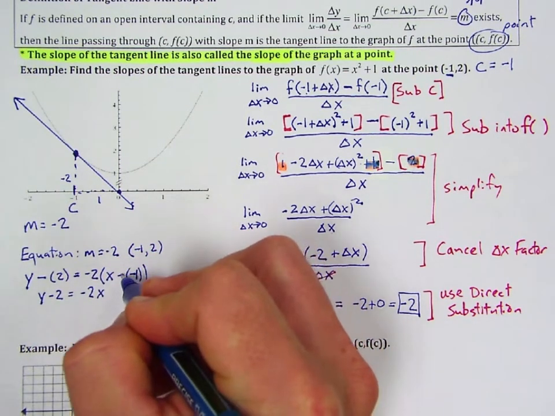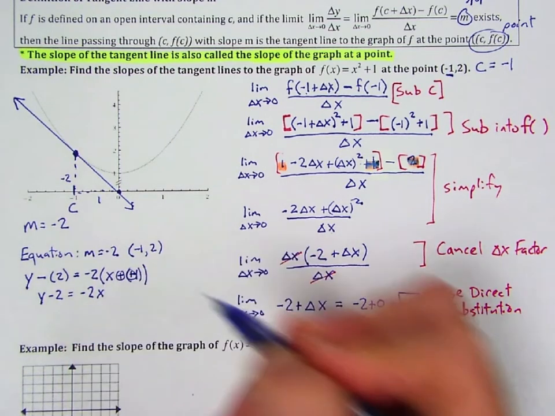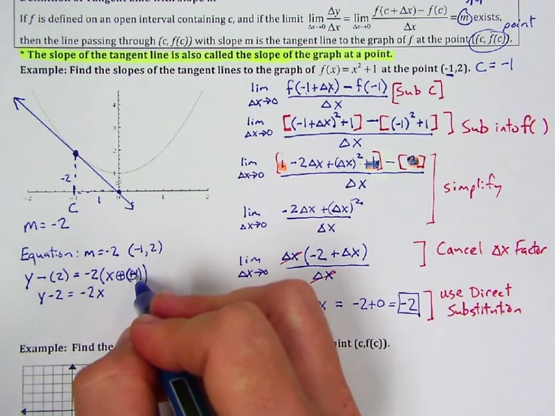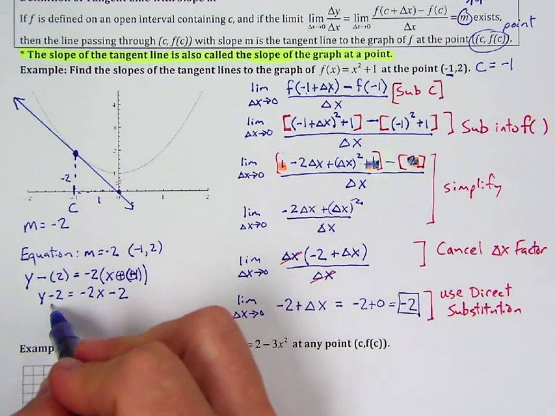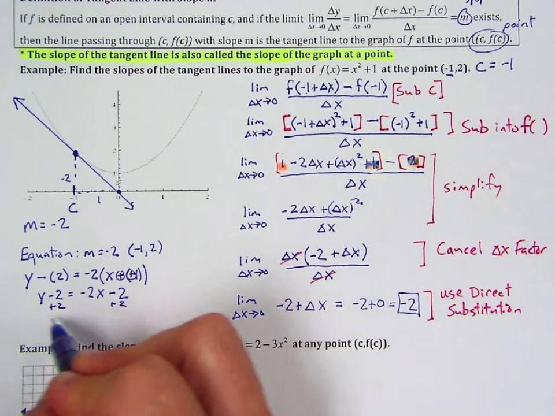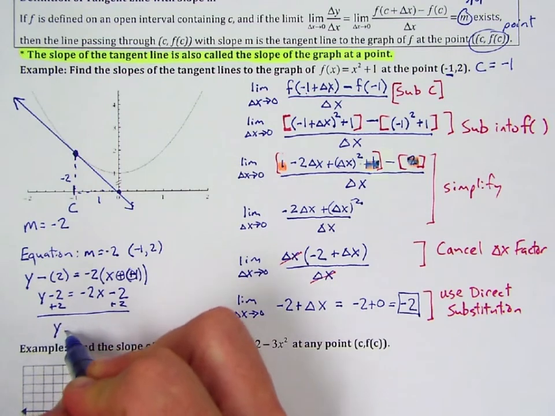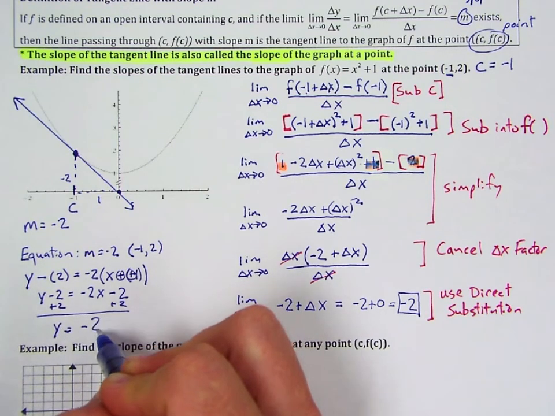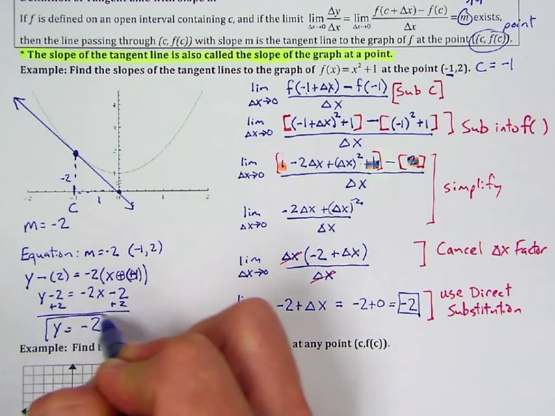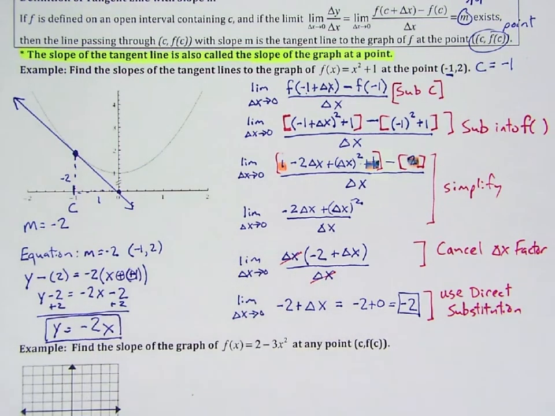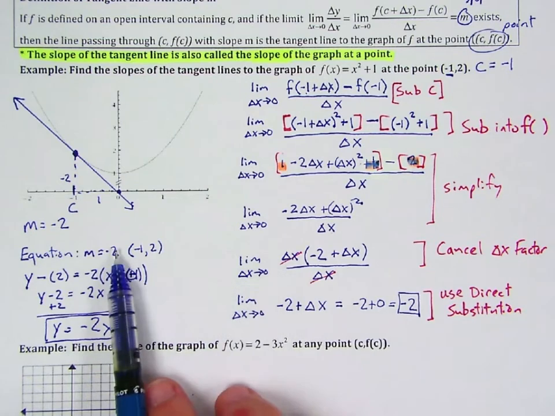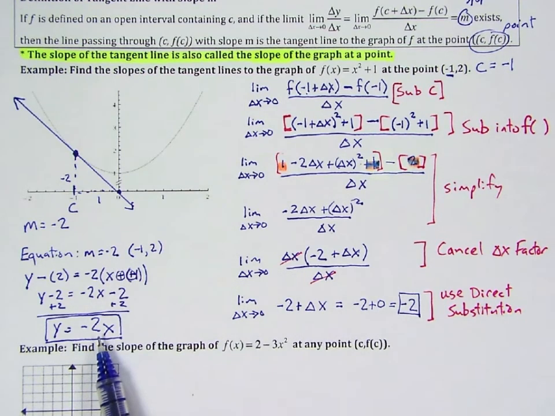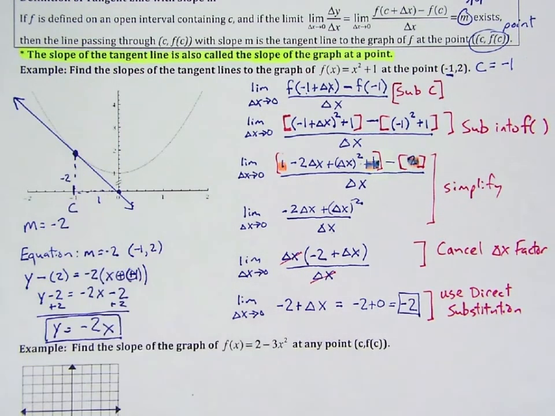Let's see, 2 negatives make a positive. So it's negative 2 times positive 1, which is negative 2. And we're going to add 2 to the other side. We get y equals negative 2x. So this process shows how to find the slope, use the slope and the point to find the equation of the tangent line.